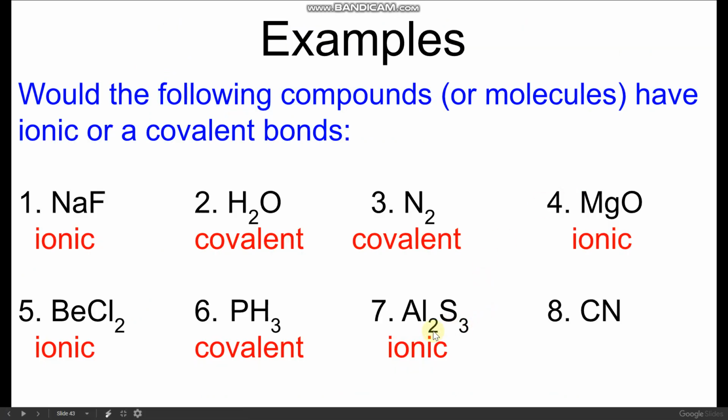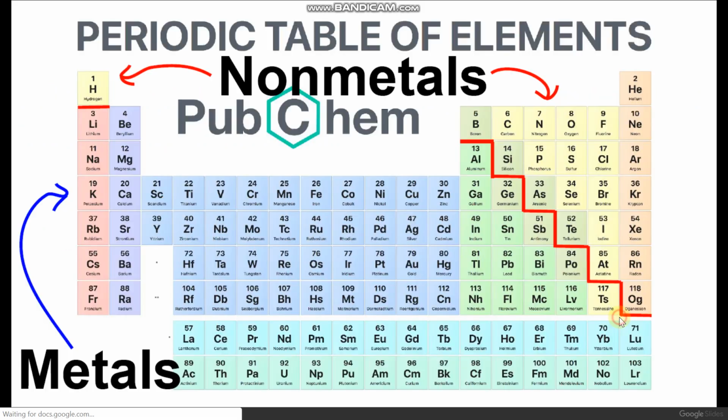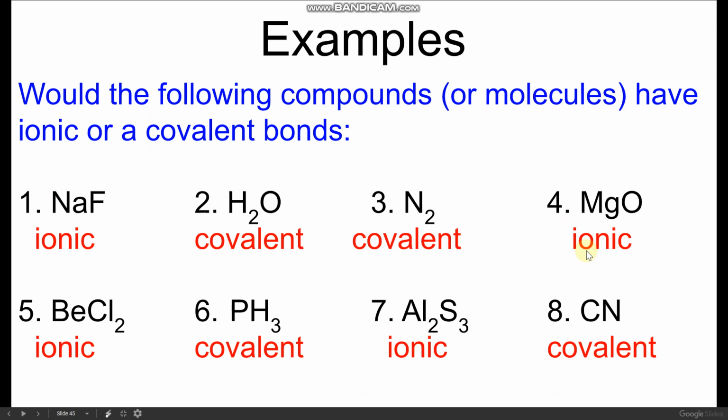That means it's ionic. Okay, and then last up is cyanide, CN. So let's take a look for carbon and nitrogen. Carbon is right here. It's definitely a nonmetal. Nitrogen is right here. Also definitely a nonmetal. Two nonmetals form a covalent bond.